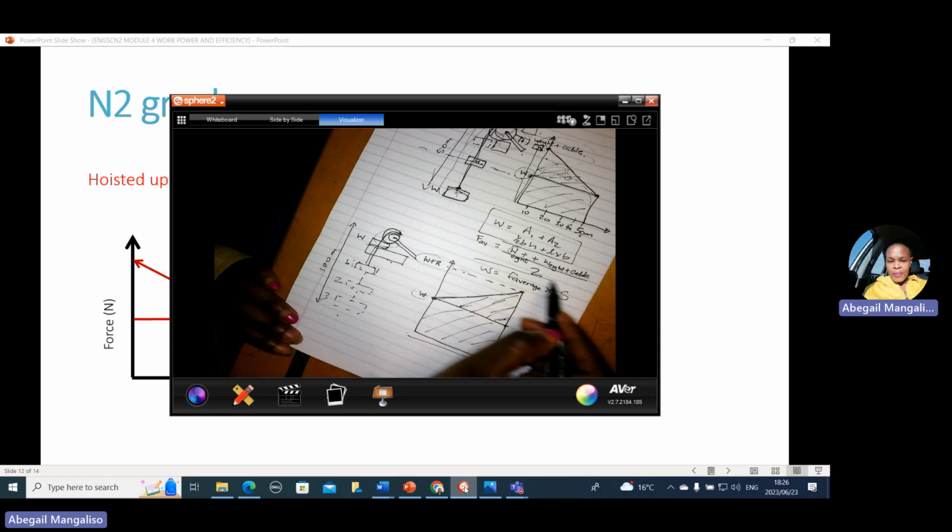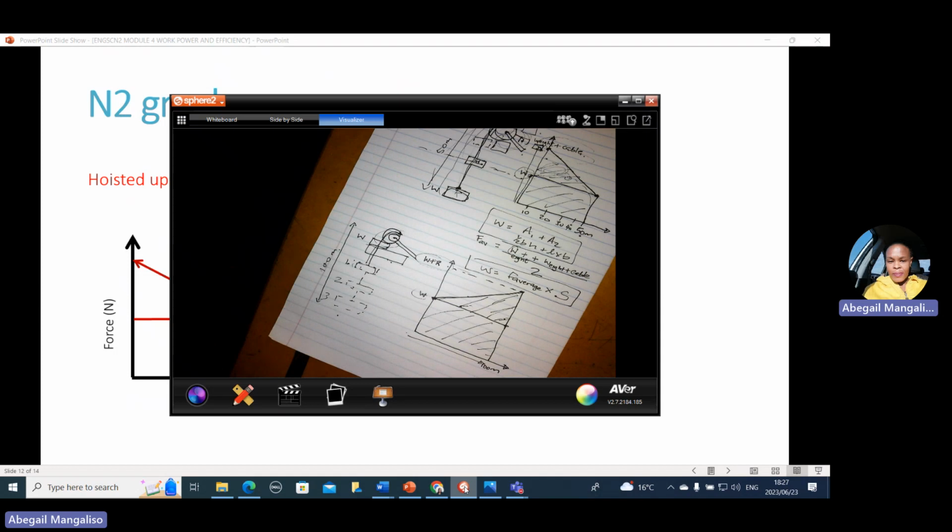So there are 2 formulas to calculate work done: the force average multiplied by the distance, or the area method. Now, the average force, a question can say it is the tension. It's the average tension, F average for force average.